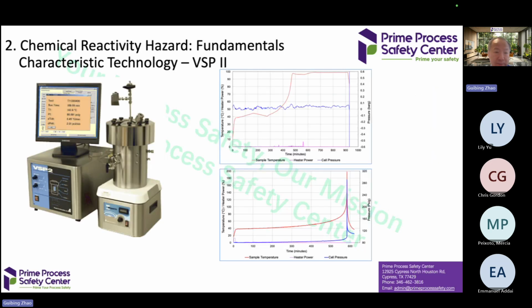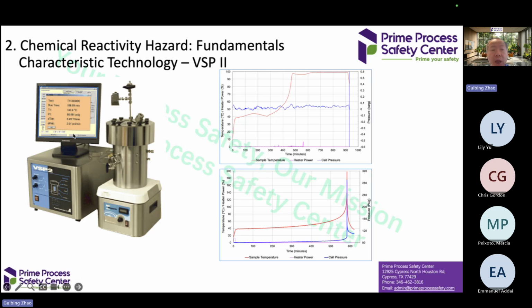This is the Vent Sizing Package design recommended by the DIERS program, Design Institute for Emergency Relief Systems under AIChE, and this Vent Sizing Package is used to simulate an industrial scale reactor when a runaway reaction happens.